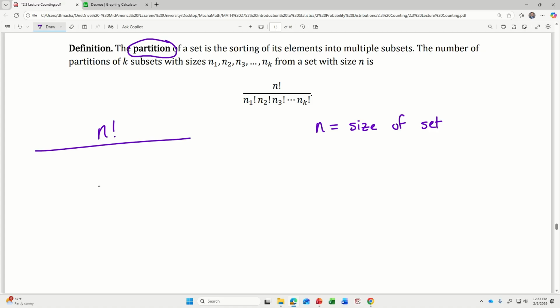And in the denominator, you could have 2 subsets or 3 subsets or 4 subsets. It depends on the problem how many subsets you have. But these numbers are the sizes of the subsets.